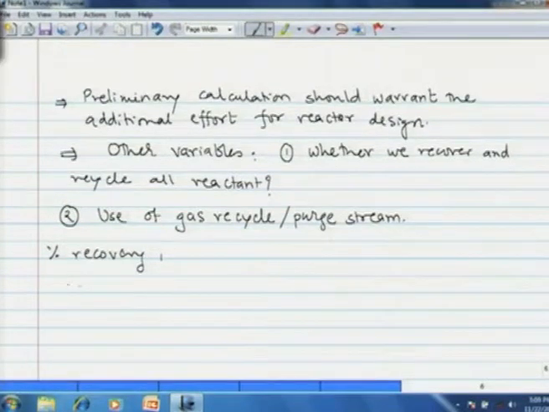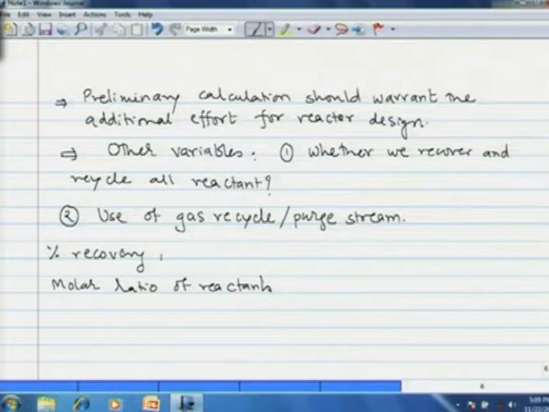So, the composition of the gas recycle and purge stream is another variable that comes into picture. So, that point we note: molar ratio of reactants. Then next is the excess reactant that is fed to the system.